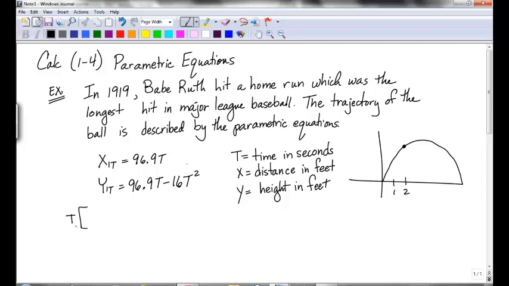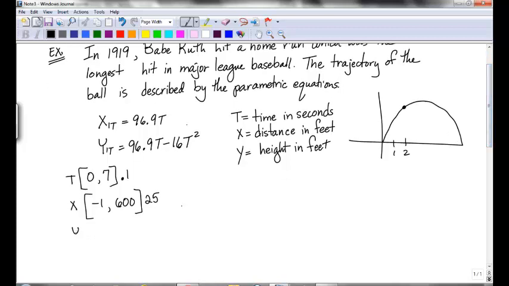Well, I picked 0 to 7, and I'm going to go every 1/10 of a second. For the x, I would pick a negative just so you can see the axis. So I did -1 to 600, and I went every 25 feet. For the y, I went -1 to 150 and 25 feet.